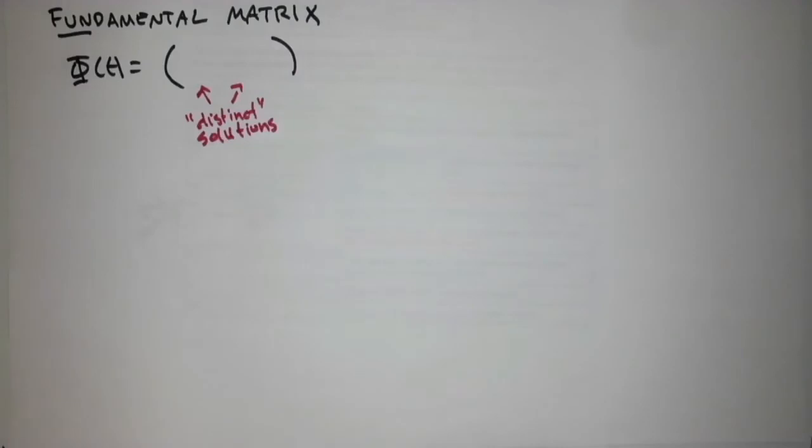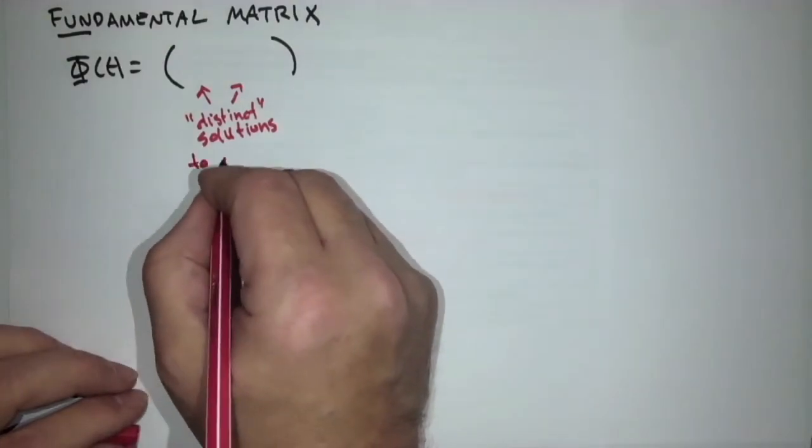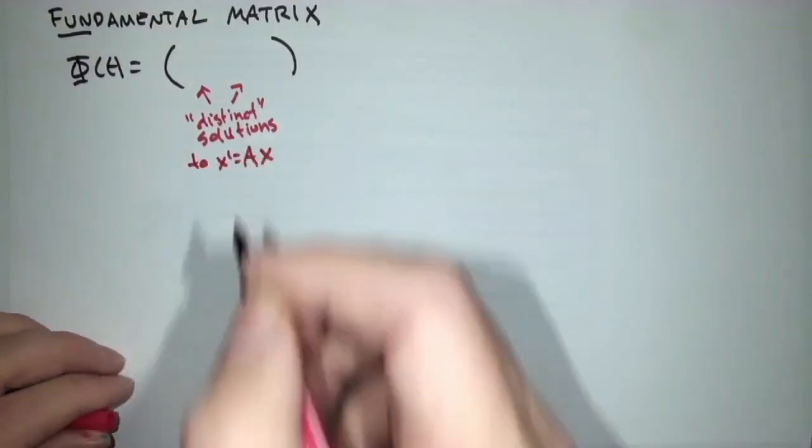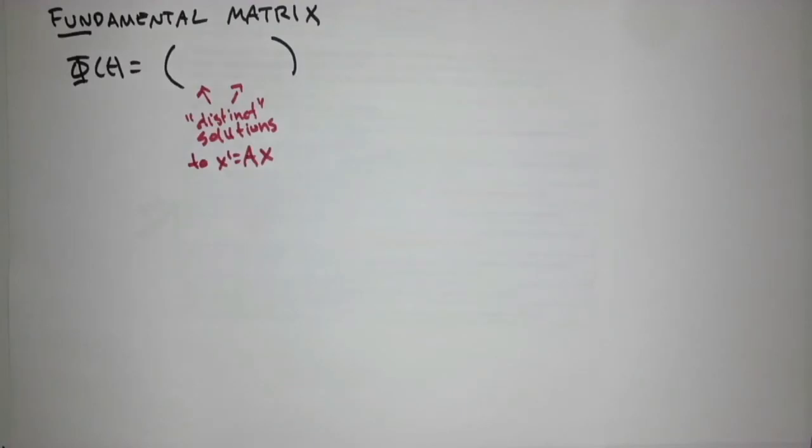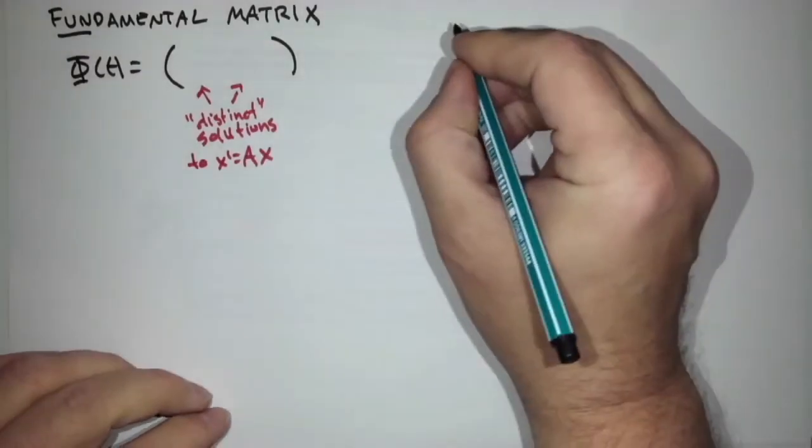So you have distinct solutions to our x prime equals ax. Now, fundamental matrices are not unique because the solutions can be expressed in different ways. You can scale a solution by, say, a factor of 2. It's still a solution.